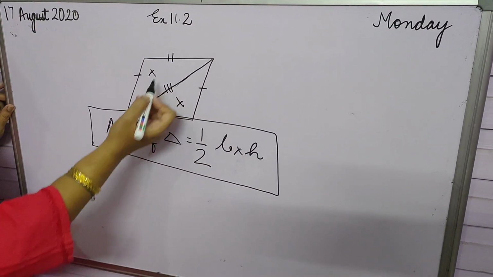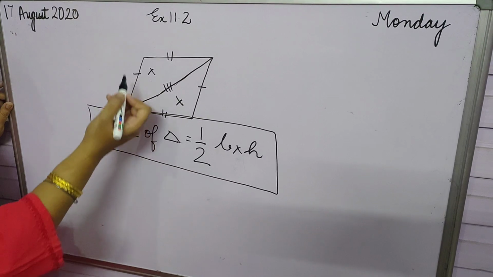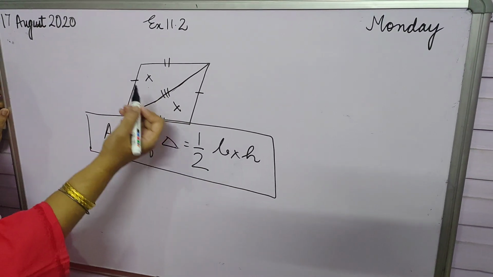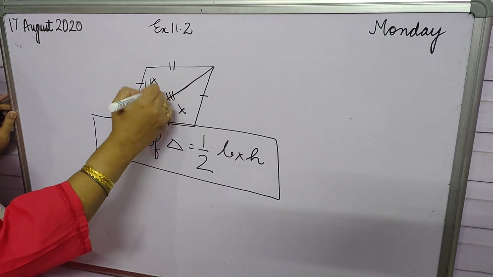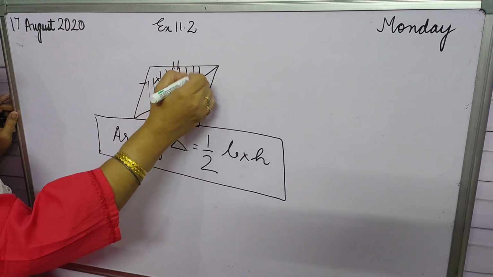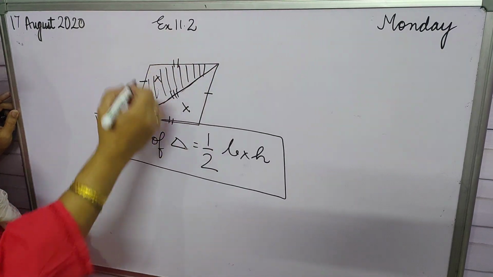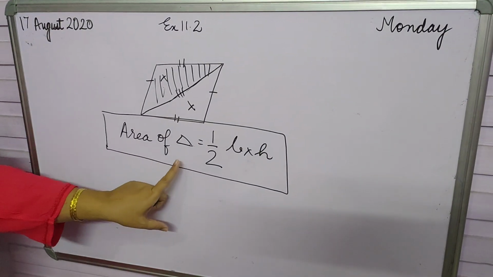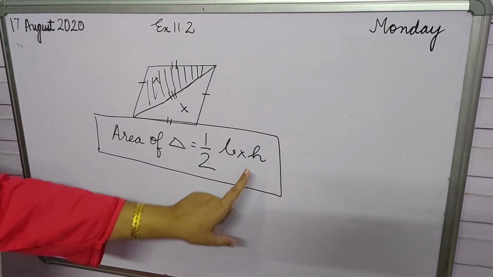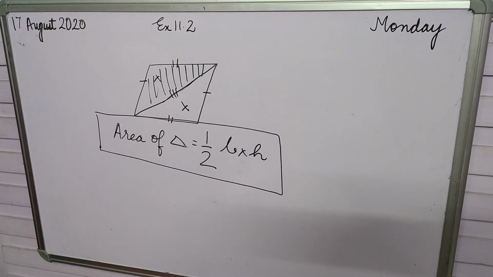Because if we draw a diagonal of the parallelogram, it divides the parallelogram into 2 triangles of equal area. Now this triangle area is half that of the whole. So from here we derive the formula that area of triangle is equal to half base multiply height.